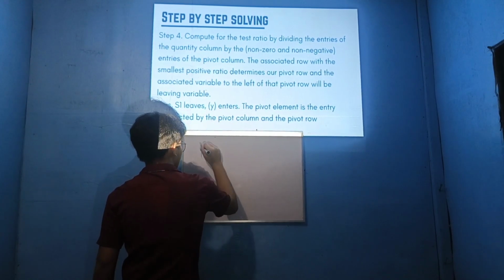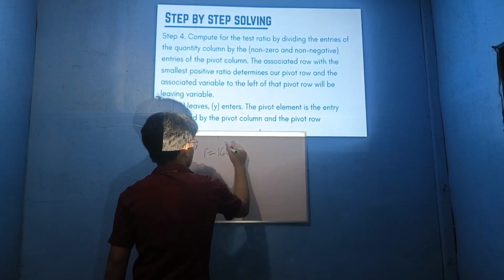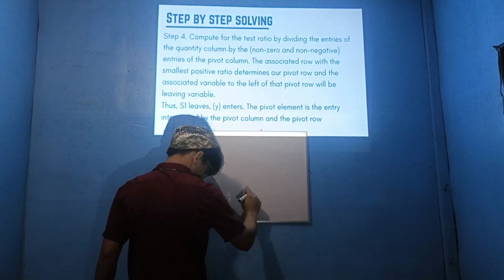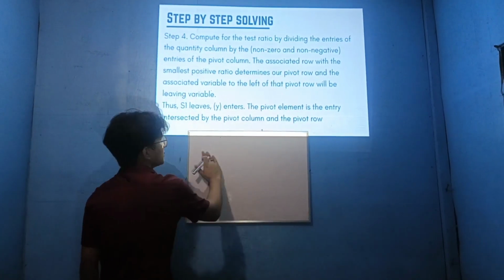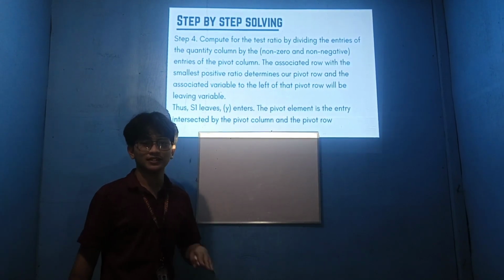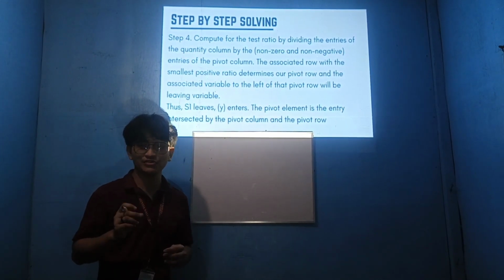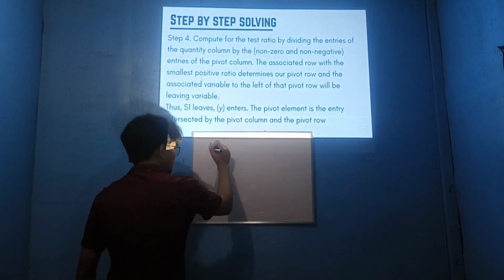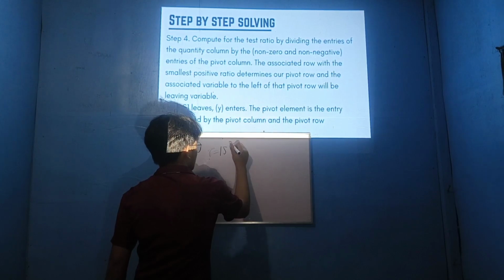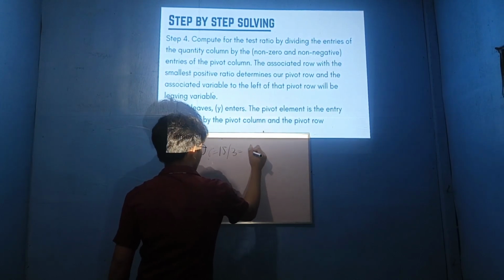We need to compute for the test ratio of 160. To get the test ratio, we divide the entries of the quantity column by the non-zero and non-negative entries. Here we have R is equals to 15 divided by 3 is equals to 5.